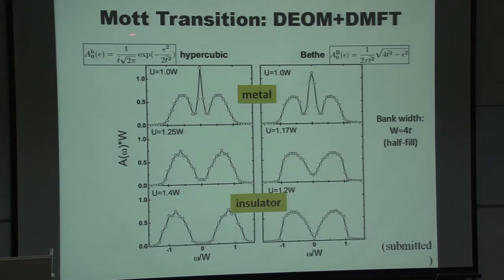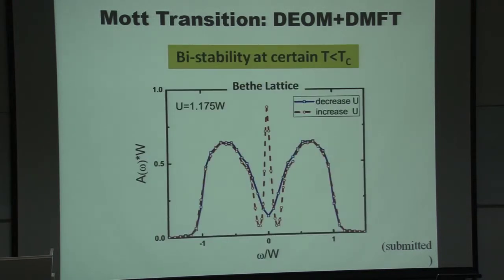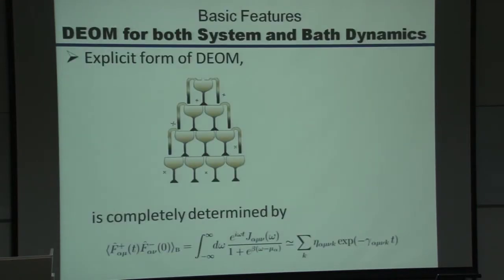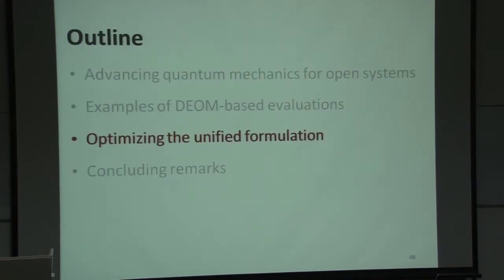And we calculate the Mott transition. This is a new theory put together with dynamical mean field, and also the bistabilities. All these benchmark evaluations were calculated by the most advanced previous studies, and our approach actually has much more advantages. I have no time to talk about how to optimize this.